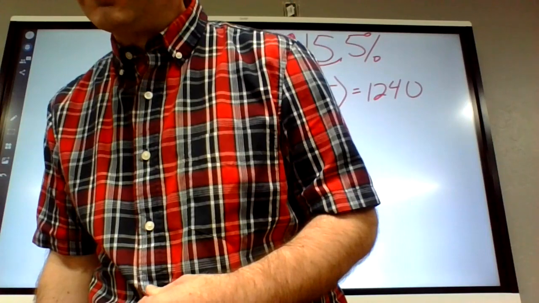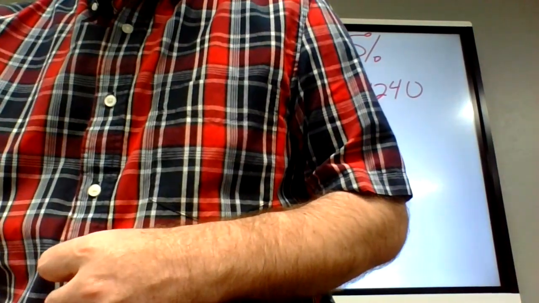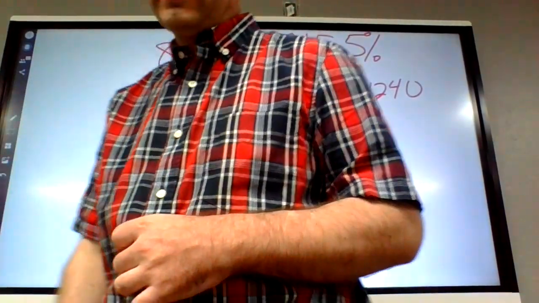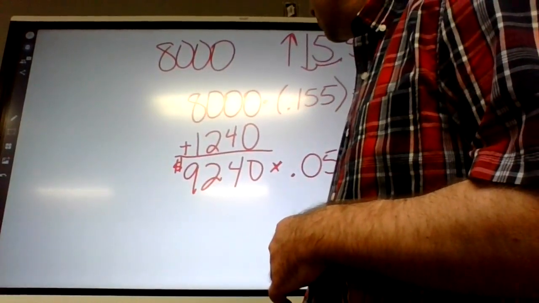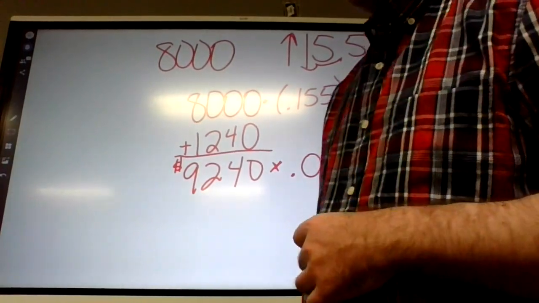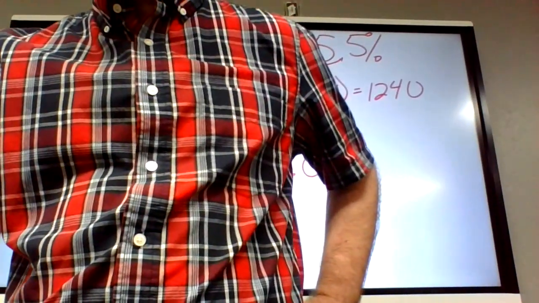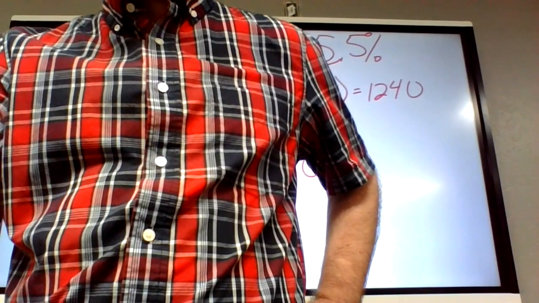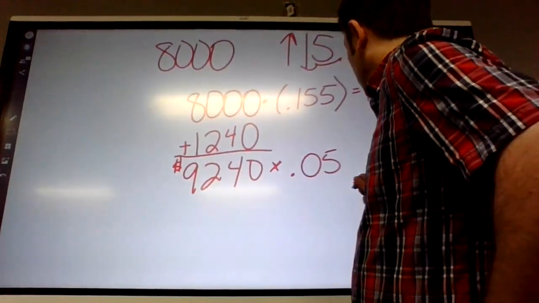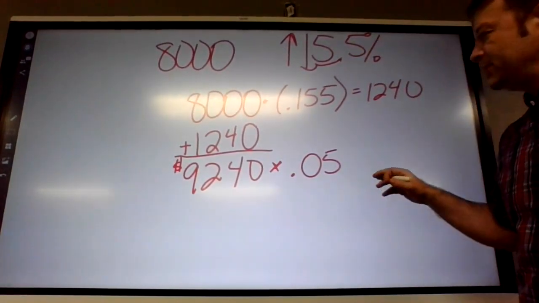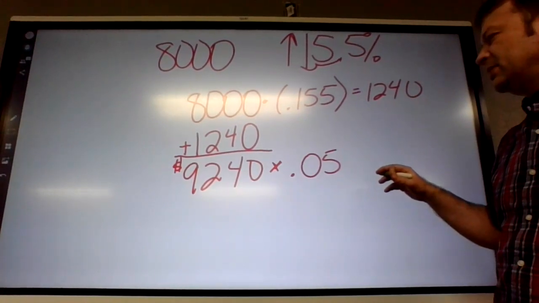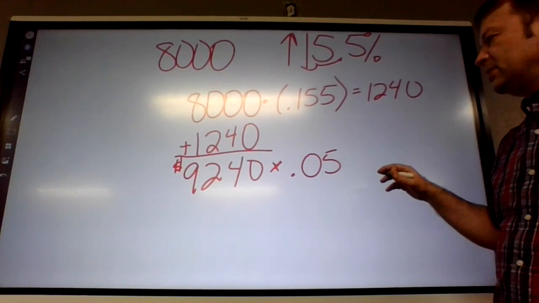I kind of lost my place. What number are we on? 36. I'm on 34 and 62. What will the buyer have to pay if there is a 5% sales tax? What'd you say? 9,700.